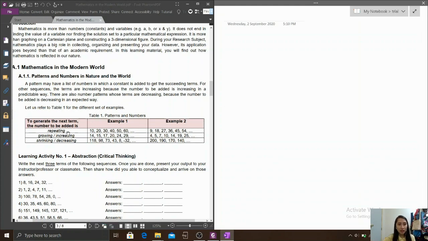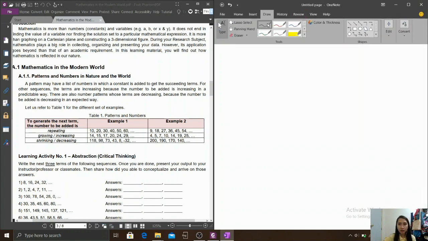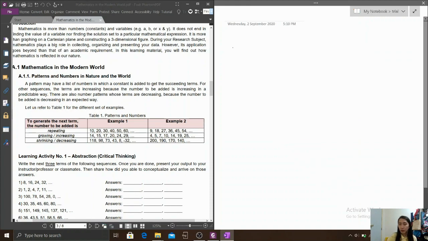First, let us have this example for the repeating. We have the terms 10, 20, 30, 40, 50, and 60, and so on. In order to get 20, we will add 10 to 10. So this is plus 10.